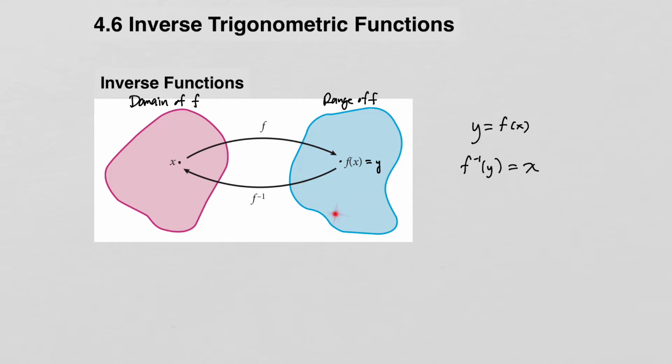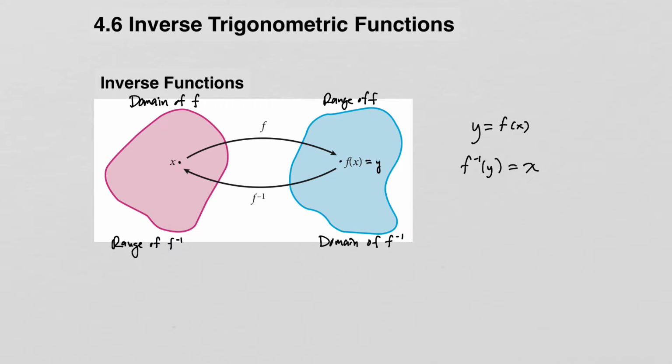The inverse function starts here and assigns those values to a value over here. So from the inverse function perspective, this set over here is the domain of that one, and this set is the range of that one. So to put it simply, the domain of the function is the same as the range of the inverse, and the range of the function is the same as the domain of the inverse.